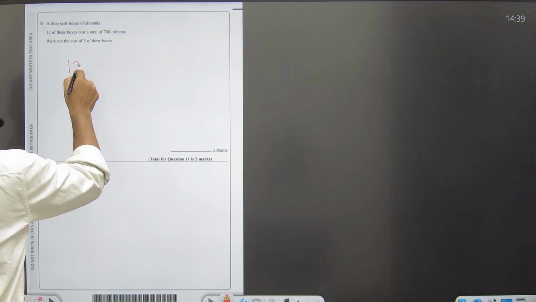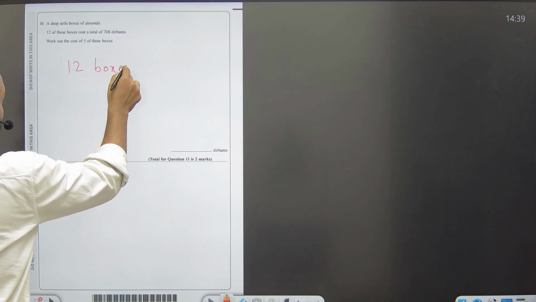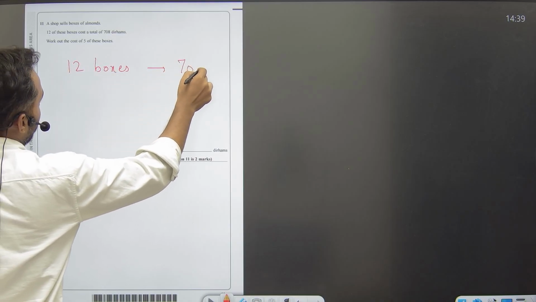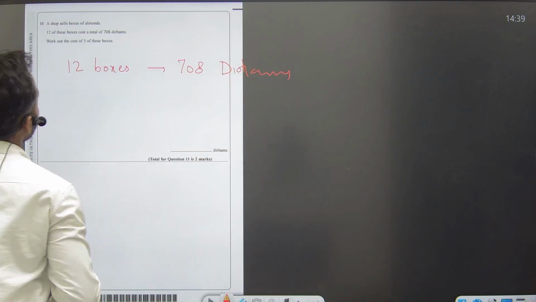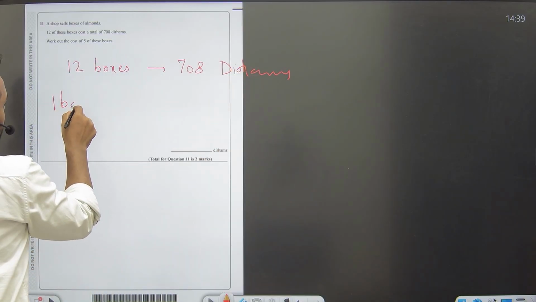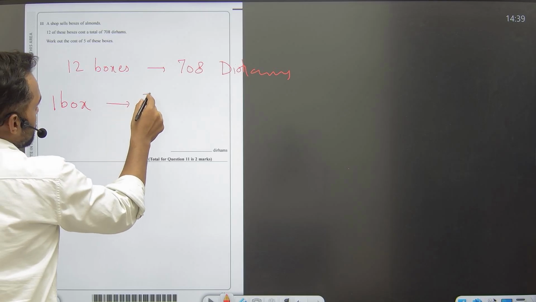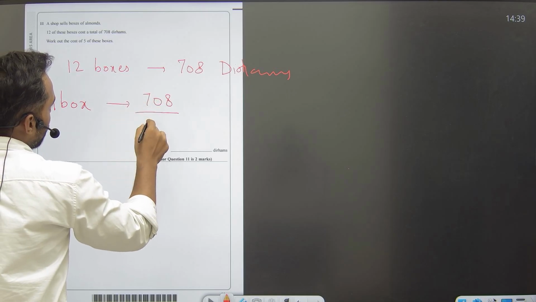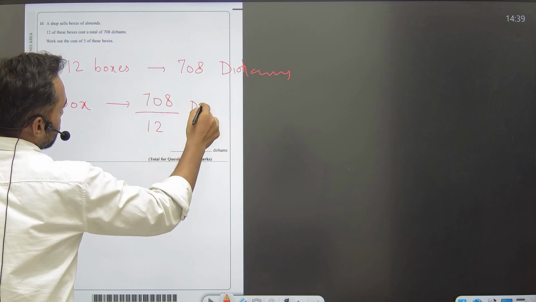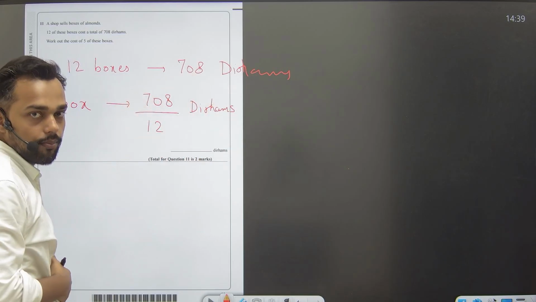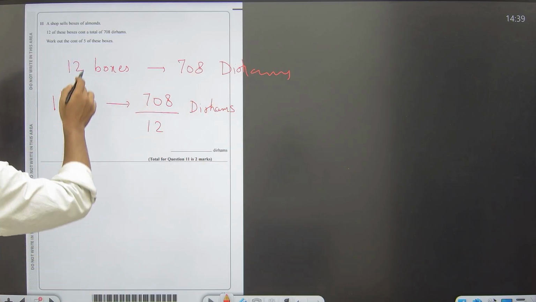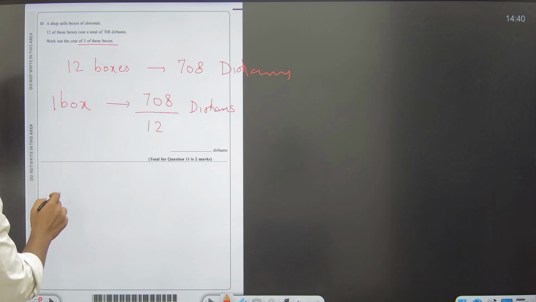So 12 of the boxes were costing 708 dirhams. So one box will cost how much? 708 by 12 dirhams. Applying the unitary method. So for the 5 boxes, what will be the cost?